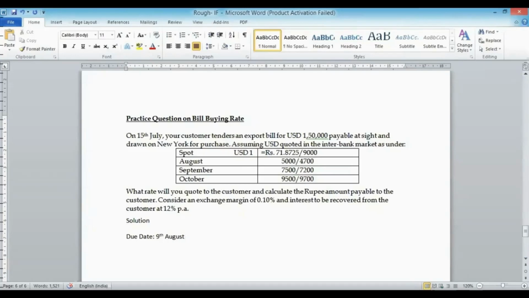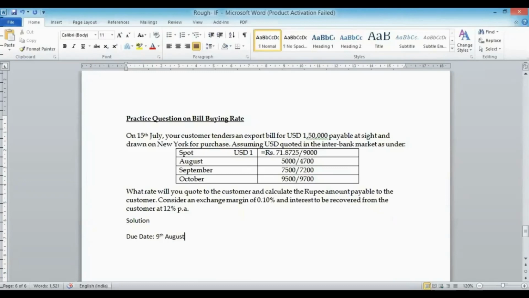But again, as the bank has to retain the bill for 25 days, as well as bear the risk that if the expected rate calculated deviates on the adverse side on 9th August, then the bank may face a loss.